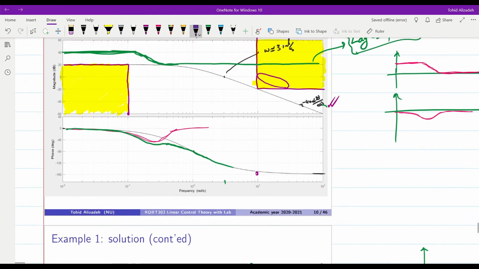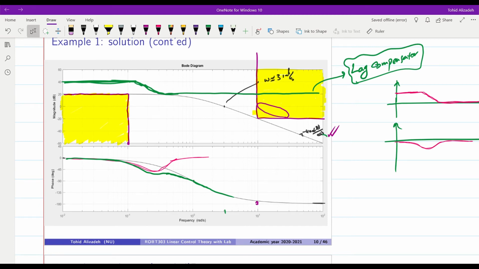This is because we want to have the pole and zero of the controller being at low frequencies. First of all, we should be somewhere smaller than, 1 decade smaller than, 3 radians per second, which is the crossover frequency. So we would need to choose some place smaller than 0.3. And on the other hand, the change in the amplitude plot that we want to move upwards should also happen after this 0.1.